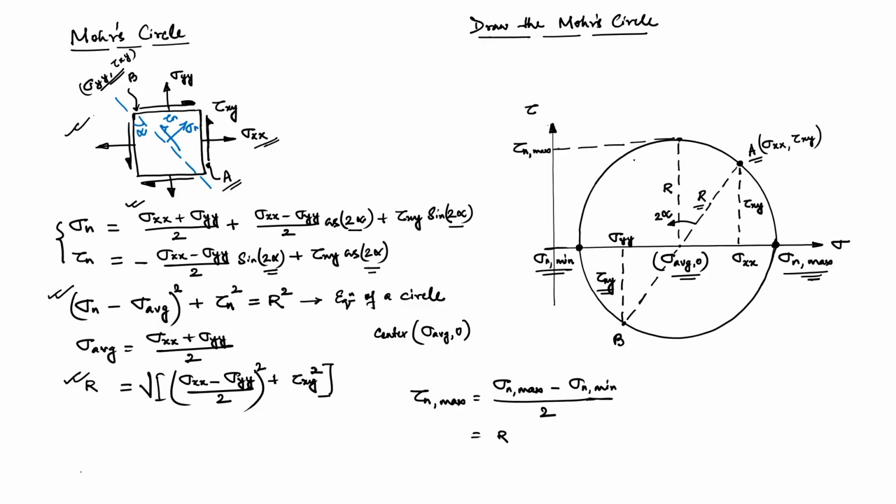So, if this is twice of alpha, this is basically the plane which makes an angle alpha in the original configuration. The moment we identify this point, we can drop the projection along x and y axis, and easily identify the corresponding sigma n and tau n. See how easy it is.